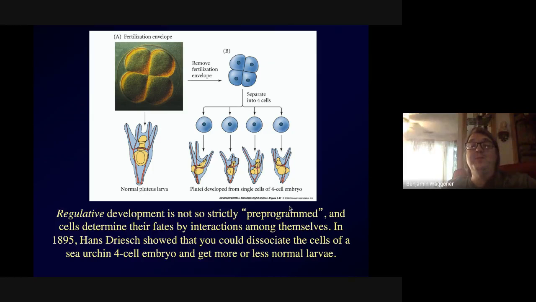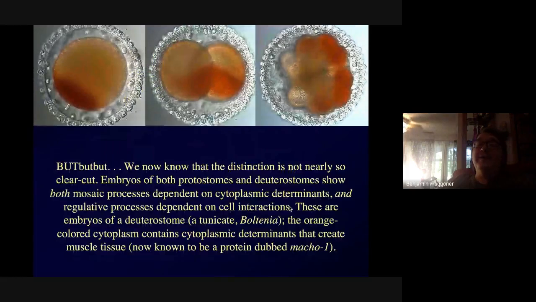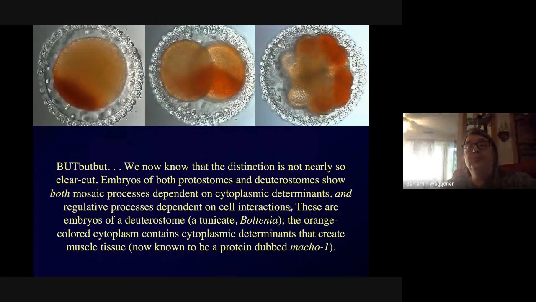So that's the difference between mosaic development in the snails and more regulative development in sea urchins. We now know, however, that the distinction is not nearly that clear-cut. It turns out that embryos of both protostomes and deuterostomes show both mosaic processes and regulative processes.